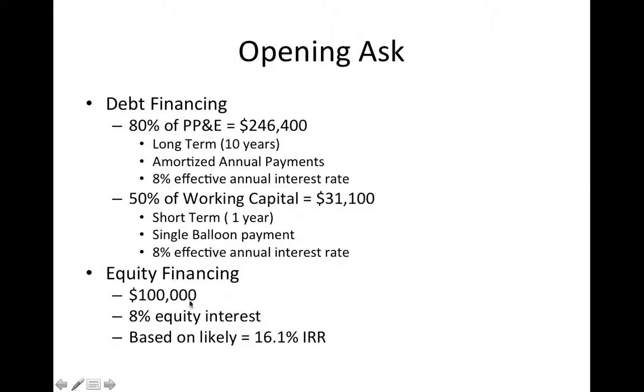And then in terms of the equity financing, we're thinking in terms of probably $100,000, so that is a little bit more than the 92, but gives us a little bit more cushion. In return for that, we would offer up an 8% equity interest, and so based on the likely case, that would be the equivalent of about a 16.1% internal rate of return to the equity investor over the life of the project.